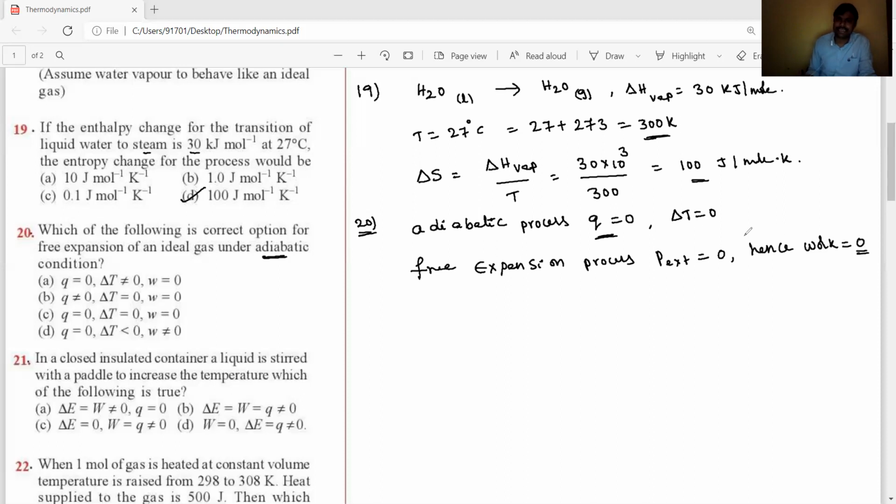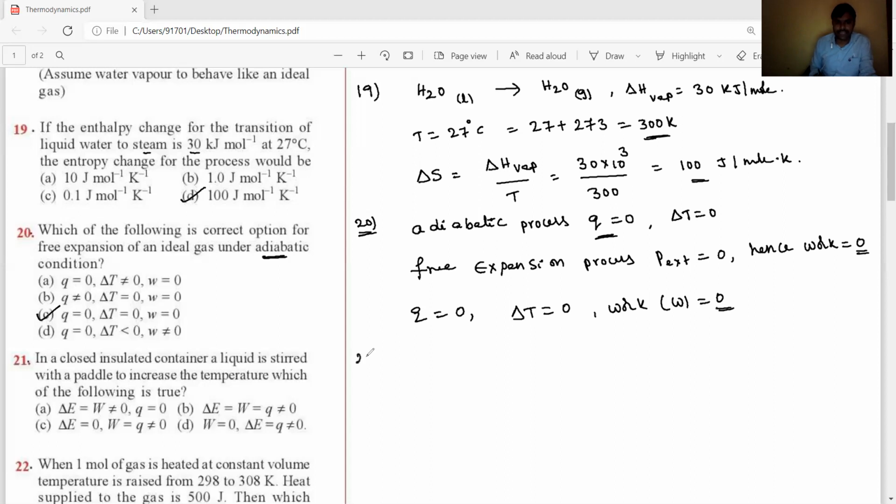That's why the correct relation is Q equal to 0, delta T equal to 0, and work W also equal to 0. So the correct answer is option C. C is correct. Okay, students.